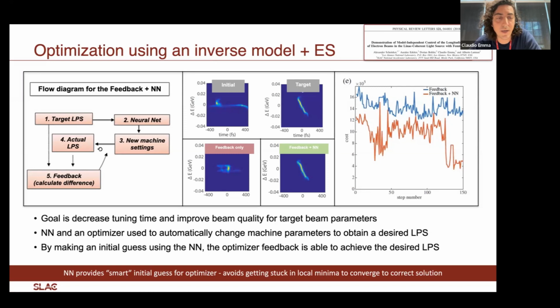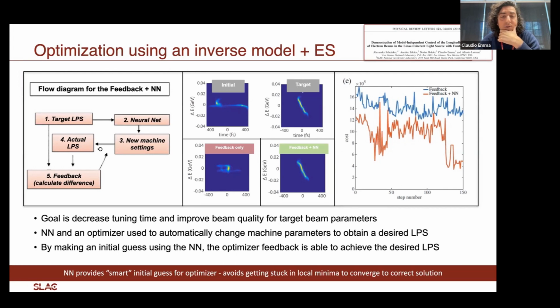we combined this neural network-based warm start with a conventional optimizer like extremum seeking, and we had a coarse-grained warm start of settings that the neural network suggests, starting from an initial distribution that you see here in the middle. First, we actually didn't use the neural network at all. We used just a local optimizer and tried to get to this target distribution. The local optimizer gets stuck in local minima.